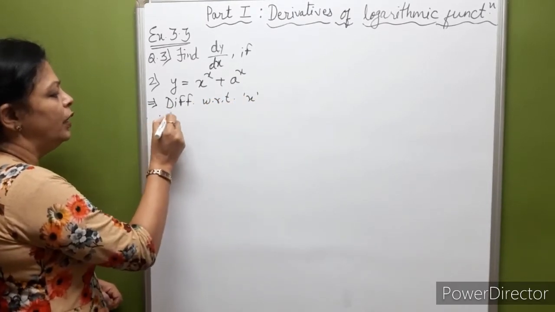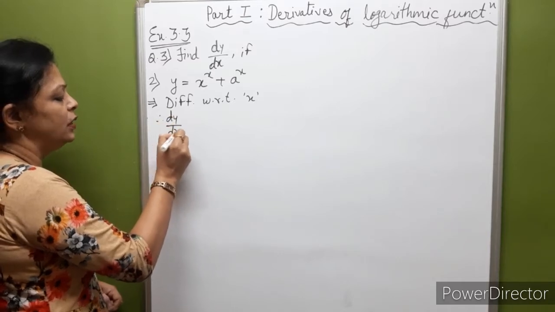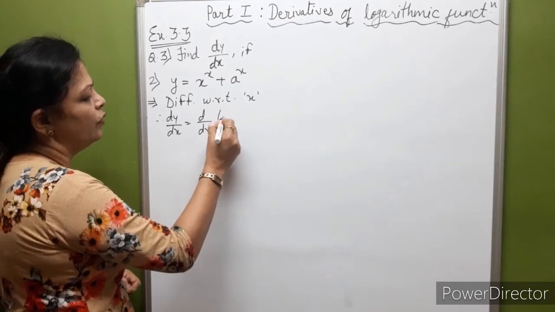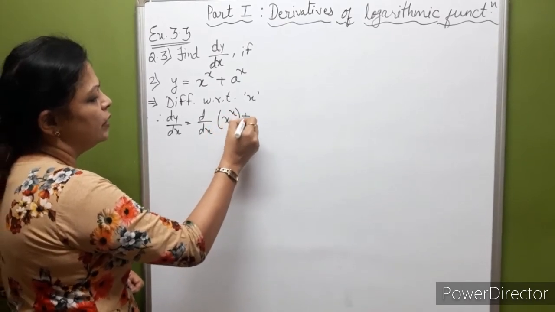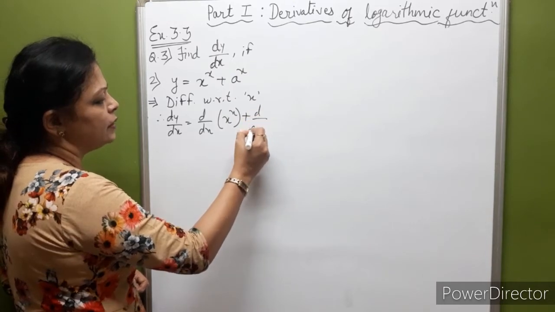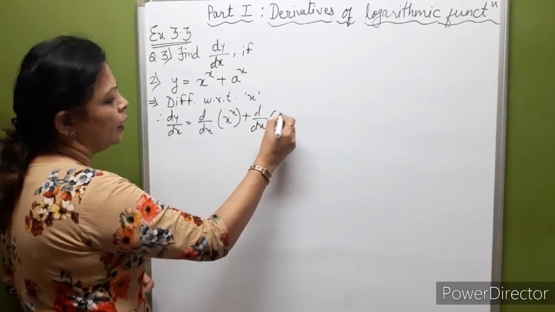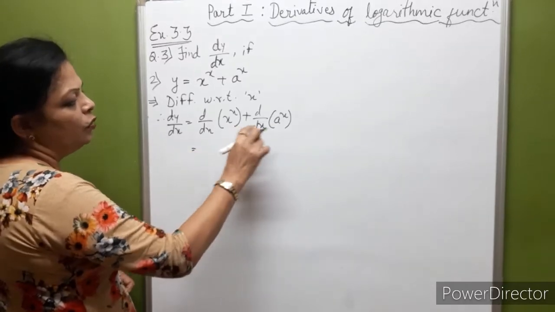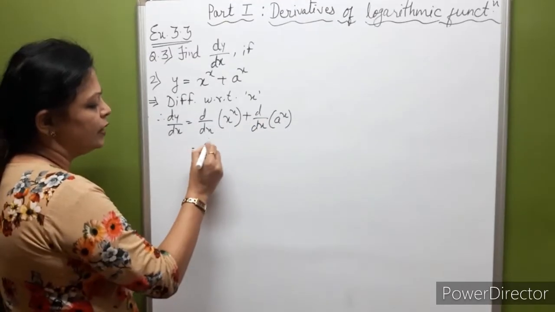So you get dy by dx is equal to d dx of x raised to x plus d dx of a raised to x. Correct? Now, what is d dx of a raised to x?